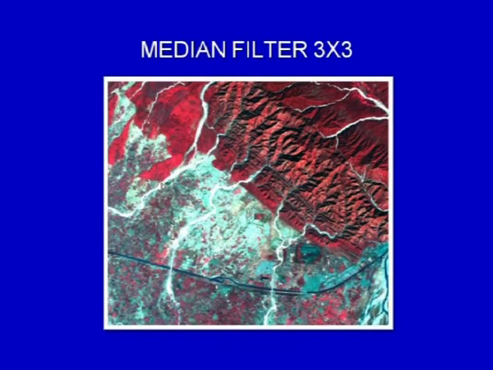This particular slide shows us a median filter using a 3 by 3 window, and what we can see here is that the definition of the edges has become much clearer. The reason being that in the actual image there could have been a gradual variation from one information class to another information class, and thus the edge pixels may have belonged to neither of the two classes.